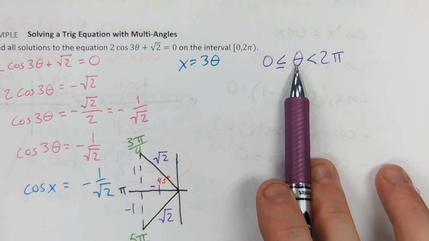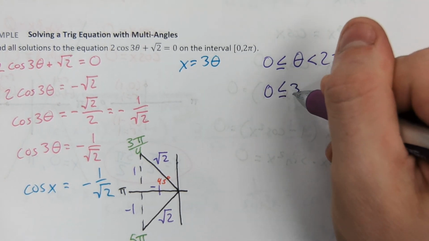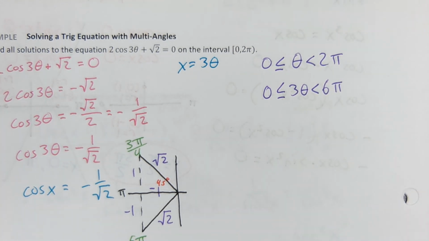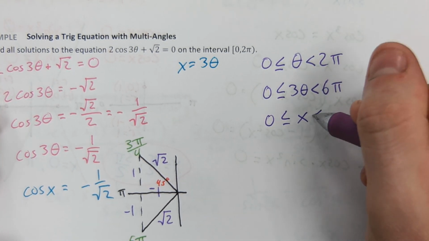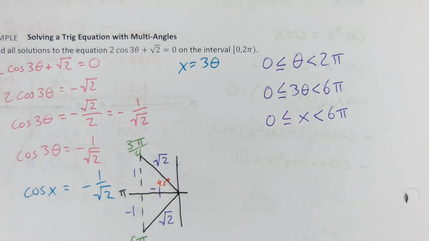So I just multiply this by 3. But if I multiply one part of an equation by 3, got to multiply all of it by 3. And oh, by the way, 3 theta is x. So the x values that I'm solving for are not from 0 to 2 pi. Well, the x values I'm solving for are from 0 to 6 pi. Why?